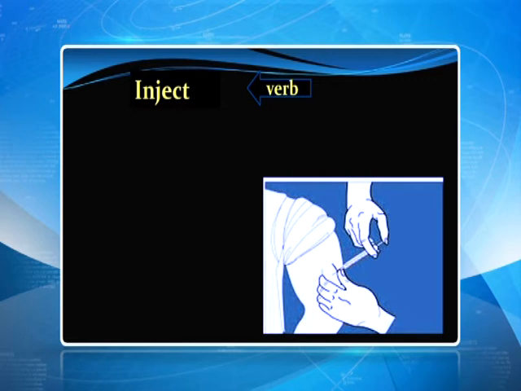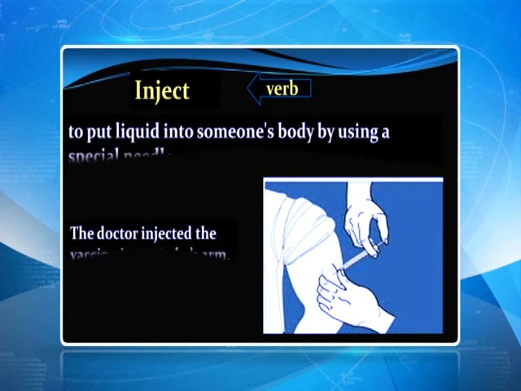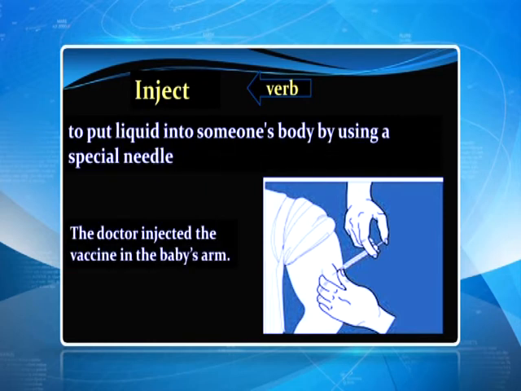Even insects like bees have needles and they can inject. Now let's see. To put liquid into someone's body by using a special needle. The doctor injected the vaccine in the baby's arm. That's good. Let's move to another one.